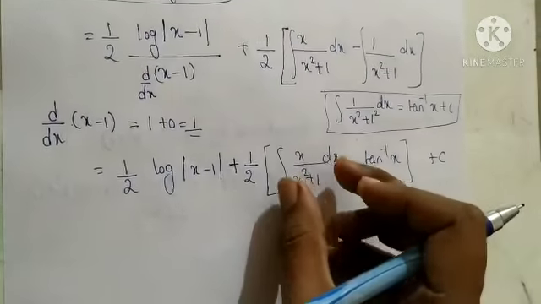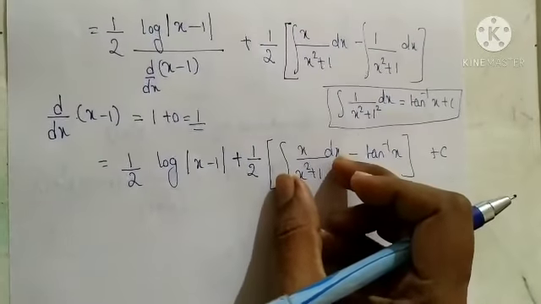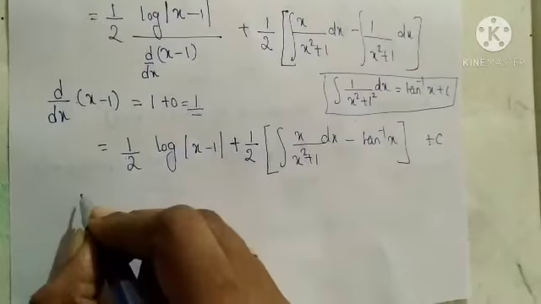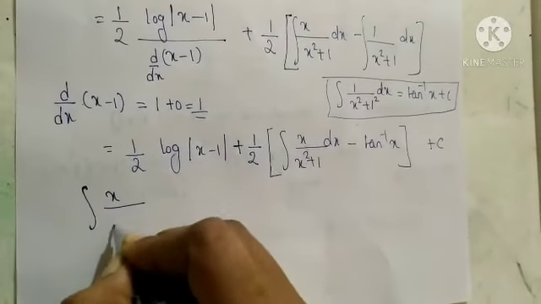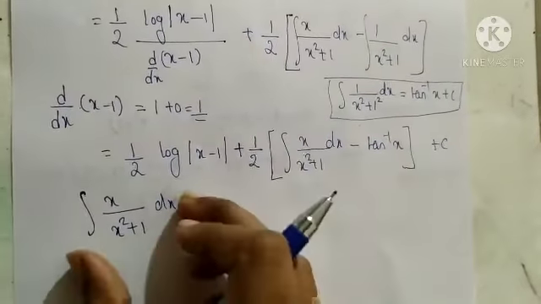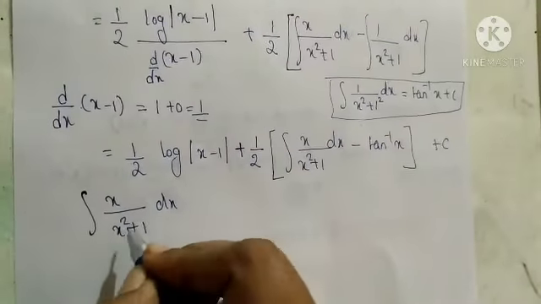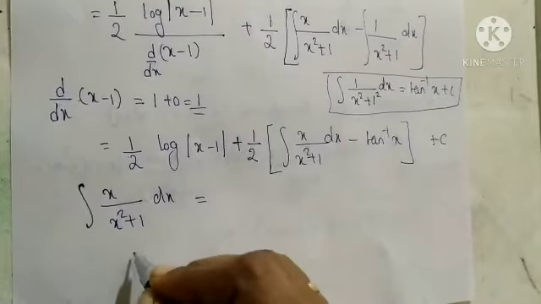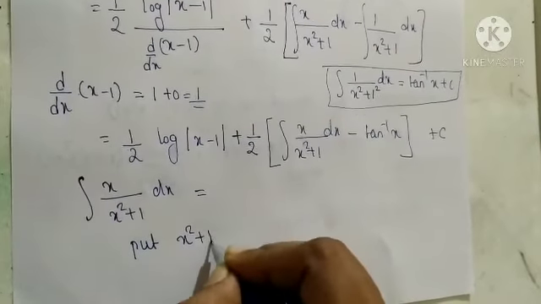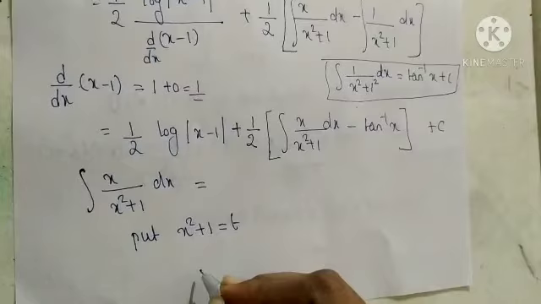Next we need to find out the value of this integral. Okay, so integral x divided by x square plus 1 dx. I write this term separately. So integral x divided by x square plus 1 dx. Put the denominator x square plus 1 equal to t.